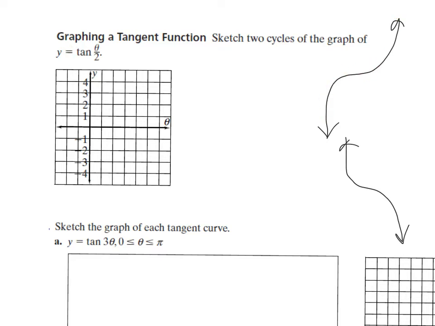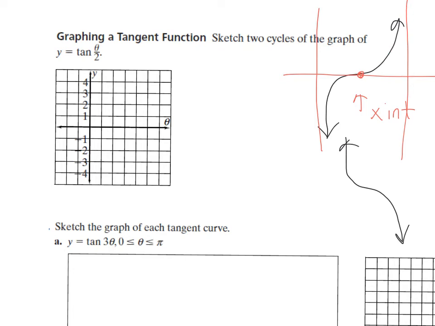It is squeezed in between 2 vertical asymptotes, and halfway in between is the x-intercept, unless it's been shifted up. So the key points are, if I can find the vertical asymptotes, and I can take the center in between those two, and I know it's going up and down, I can graph my tangent function.